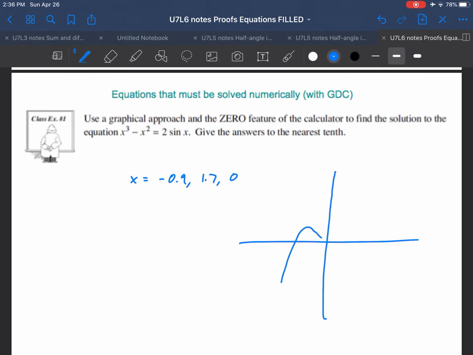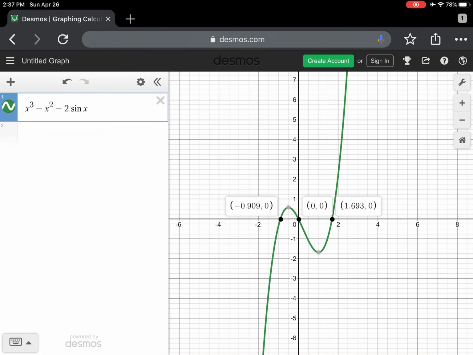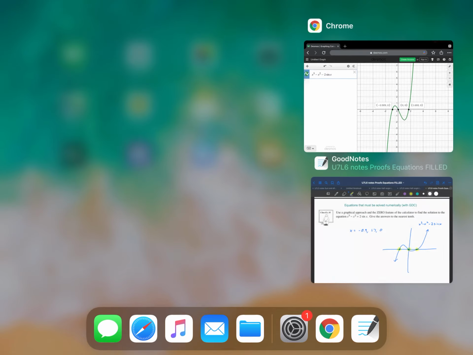You could say, oh, the graph looks something like this. That is the graph of x cubed minus x squared minus 2 sine x. And we've got 3 answers. All right. One here, one here, one here. And I guess if we wanted to, we could just highlight. There's one there. That's not really to scale, but you get the idea. Okay. Negative 0.9, 0, 1.7.